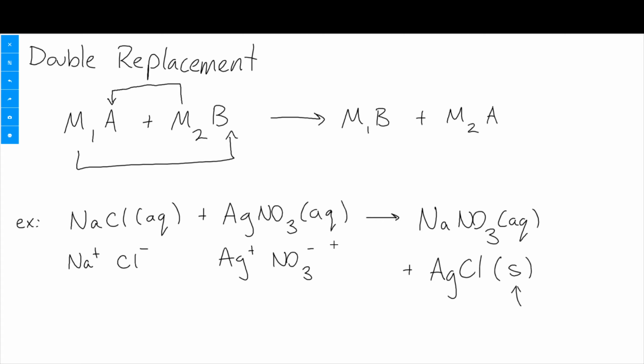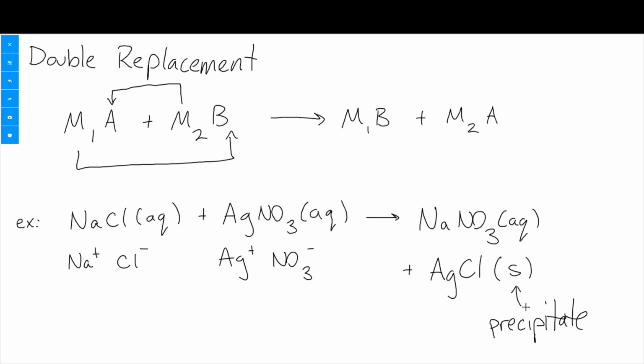So to know if a reaction happened, we have to look for a change of state. In the reactants, both of them are dissolved in water. In the product, we see that something has precipitated out. And so silver chloride is going to be a precipitate.